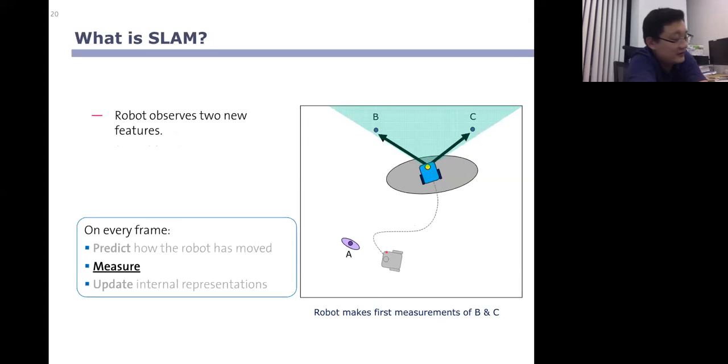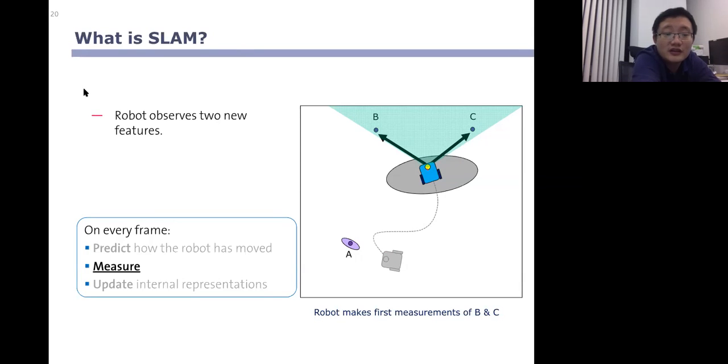And then the robot sees two features. Similar to the observation of A, now you start to have some understanding of the positions of B and C. But one thing is different from A. What is different?